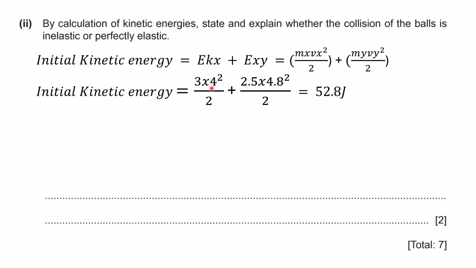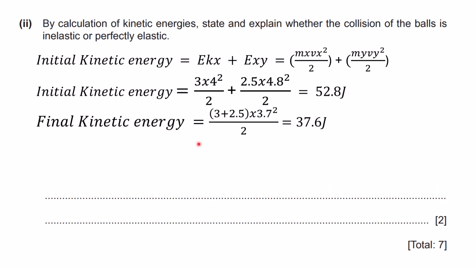So we are using the original velocity provided in the question, which is 4. Evaluate the components. So 3 times 4 squared over 2 and 2.5 times 4.8 squared over 2. We add both and we have 52.8 joules.